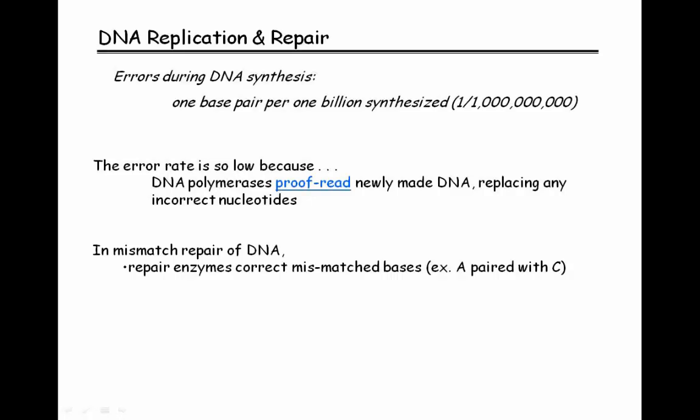So for example, if we happen to have an A across from a C nucleotide, the A is a purine and it is paired with a pyrimidine, which is the C, but the problem is that the A and the C are not going to be hydrogen bonding with each other. So we'll have absolutely no hydrogen bonding between them. That would be detectable by enzymes that were looking for those types of errors.